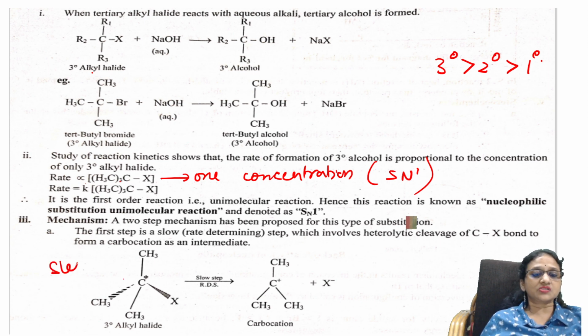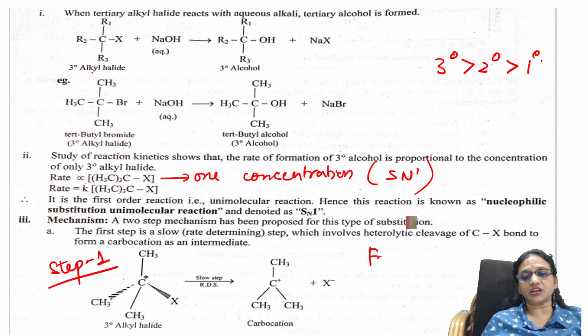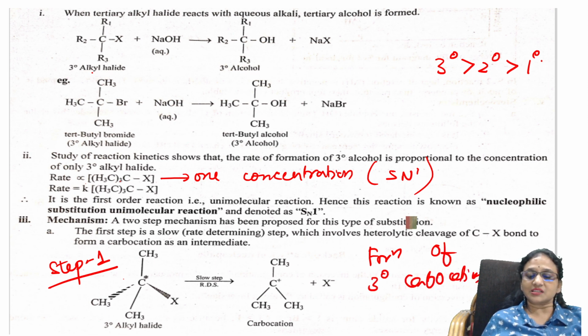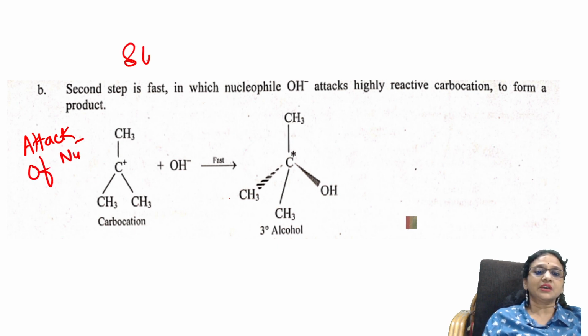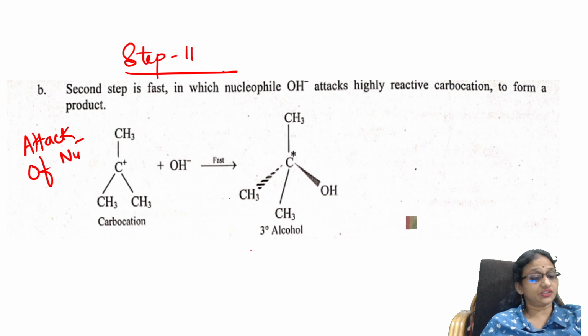Step number one is always the formation of tertiary carbocation. That is the RDS step, the rate determining step. Step two is the attack of the nucleophile, which is the fastest step, where you get the formation of the product, tertiary alcohol.